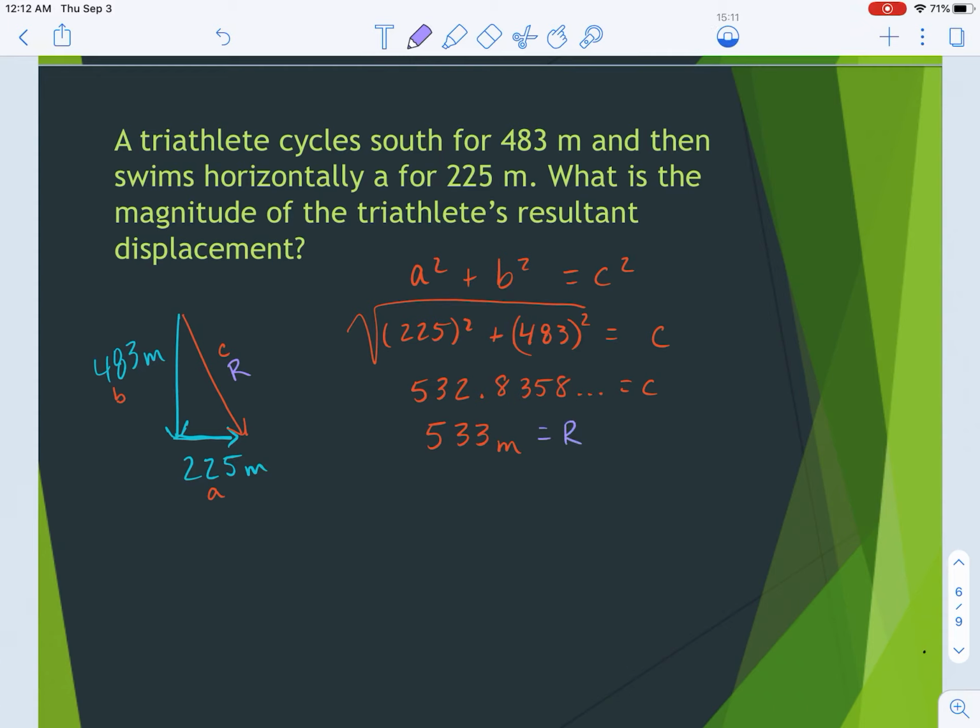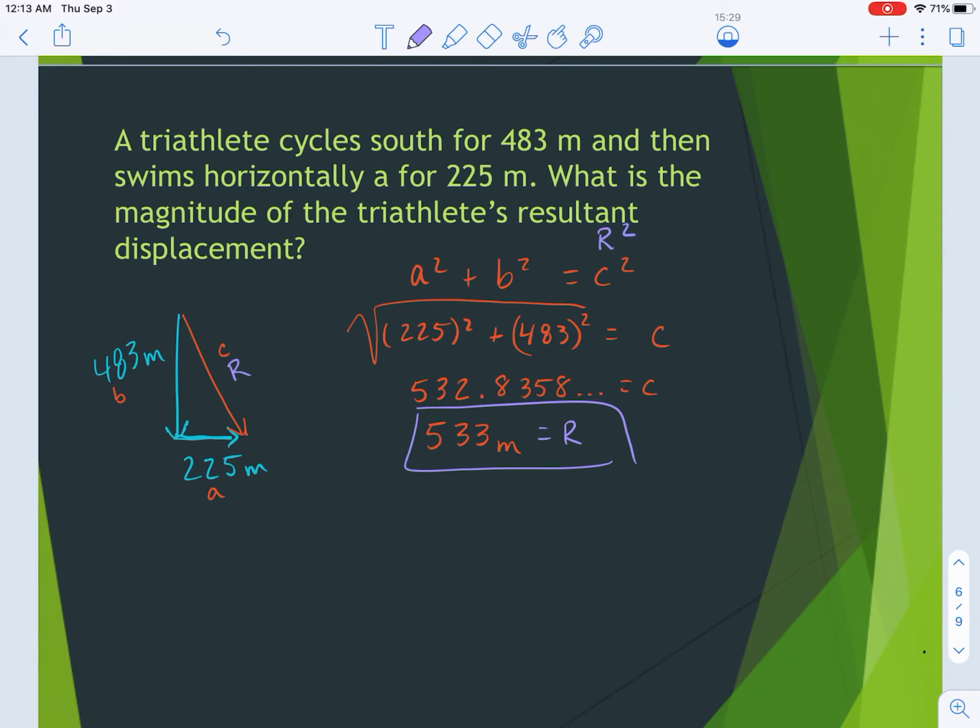So the resultant value was 533 meters. Now, if we are solving a problem, we'll probably ask for the displacement. So you may say x equals, but what we have solved for is the resultant side, right? So that would go here.